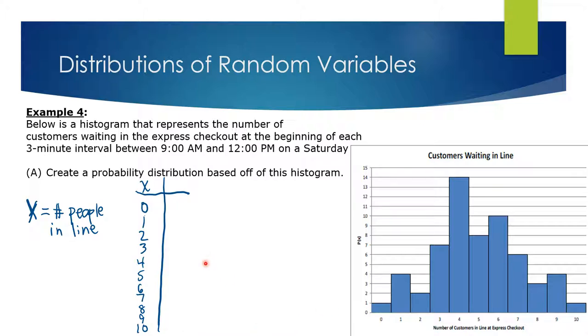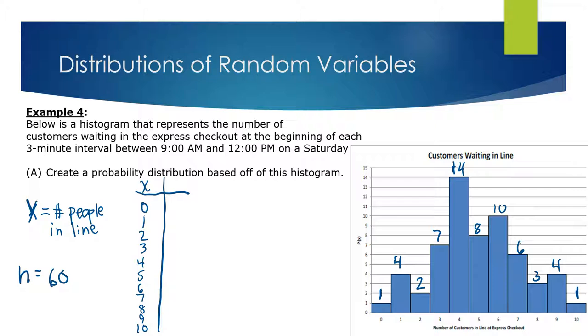Now what I also need to be aware of is, well, how many 3-minute intervals are we looking at here? Well, I can tell that by just adding all these counts together. I have 1 here, 4 here, 2. And this basically is reading the histogram. And so there's 60 of these 3-minute intervals between 9 a.m. and 12 p.m. that we looked at. And it makes sense.